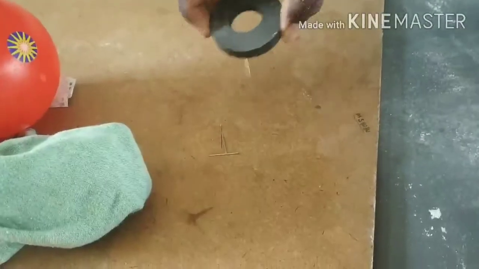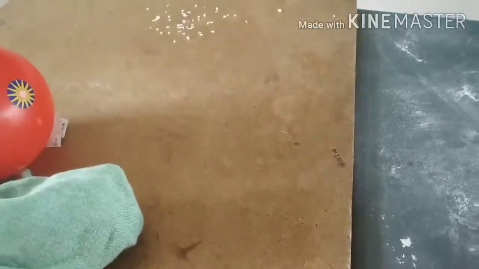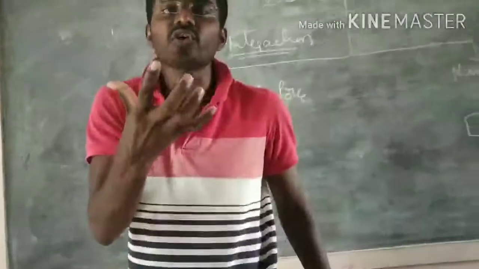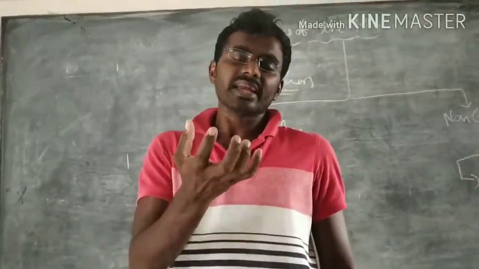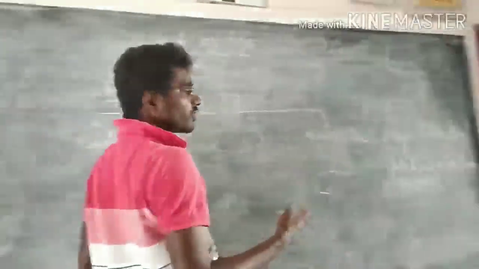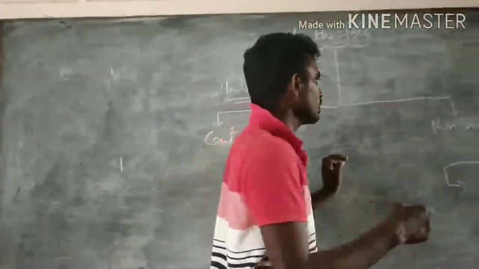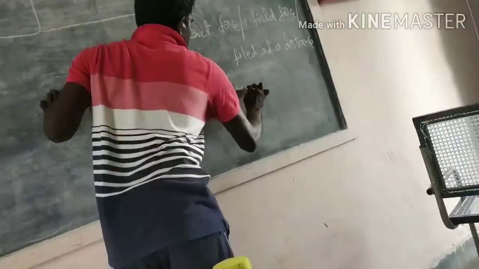It is not necessary to have physical contact here. That means this is a non-contact force. The magnet applies some force on the nails so that they get attracted to the magnet. That is under non-contact force.